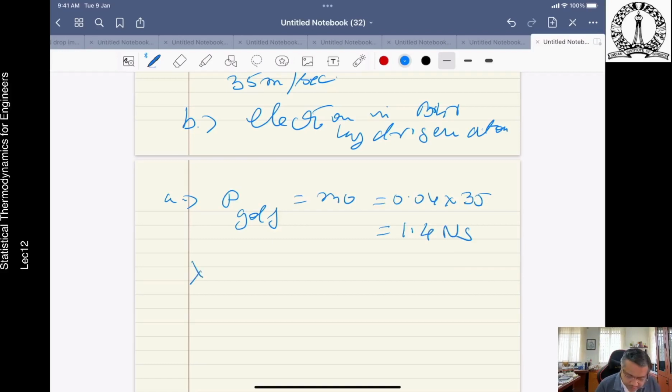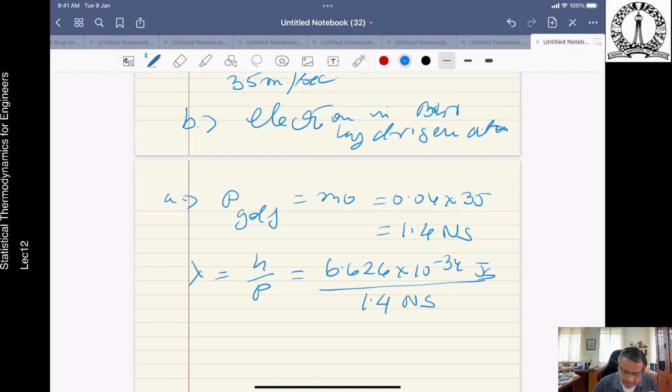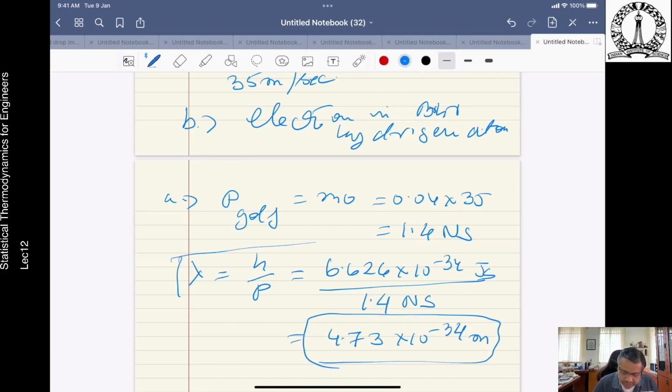So the De Broglie wavelength lambda becomes h by p, which is 6.626 into 10 to the power minus 34 Joule second divided by 1.4 Newton second, which gives you 4.73 into 10 to the power minus 34 meter. So you can see how small this wavelength is.